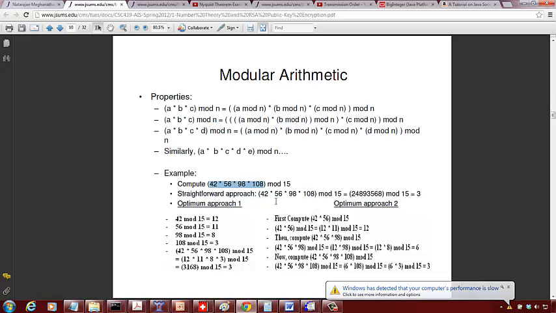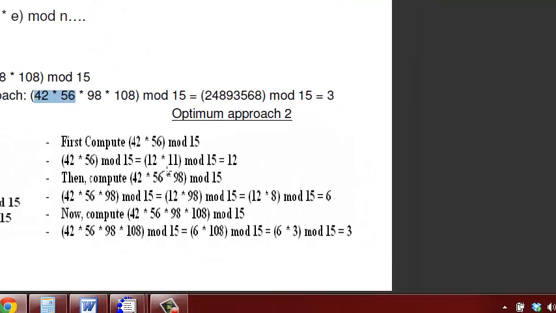So why not just do one multiplication at a time, between these two numbers. So 42 times 56 is what we'll work with first, and we know 42 mod 15 is 12, 56 mod 15 is 11. So what we'll do is 12 times 11, which is 121. No, not 121, it is 132.